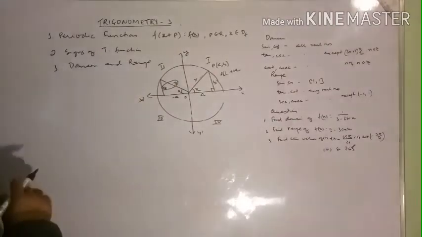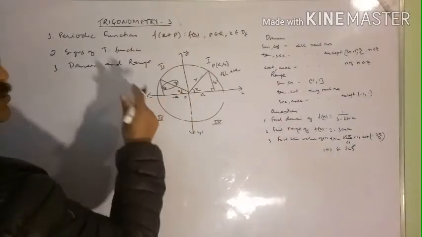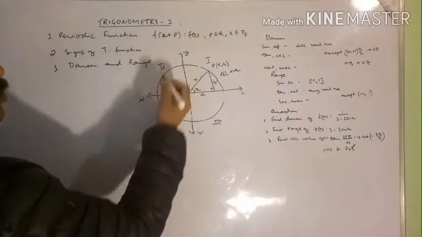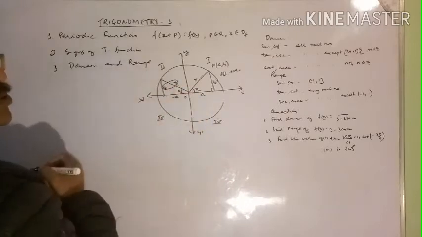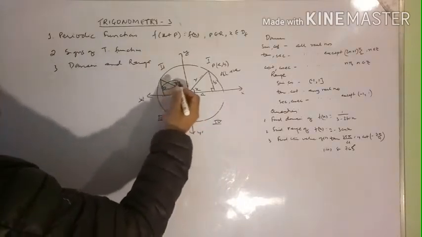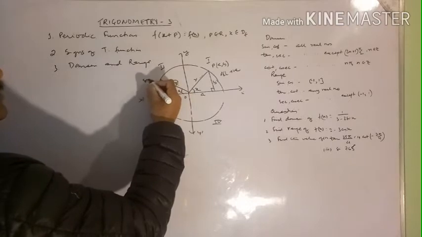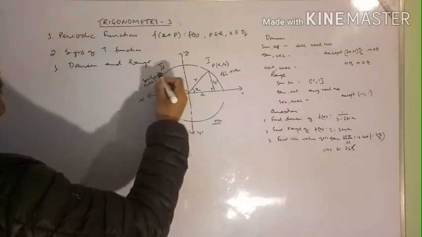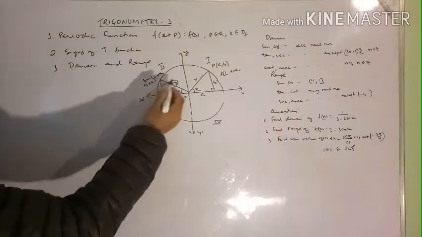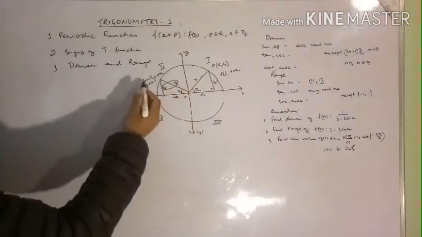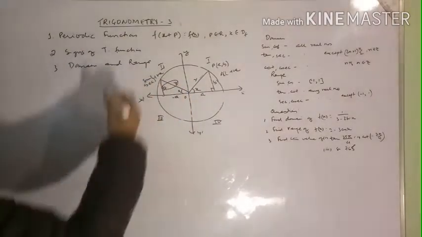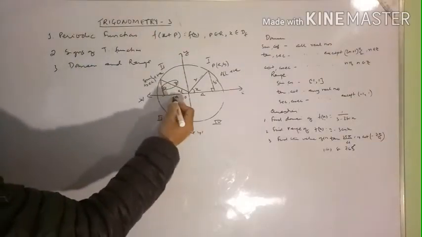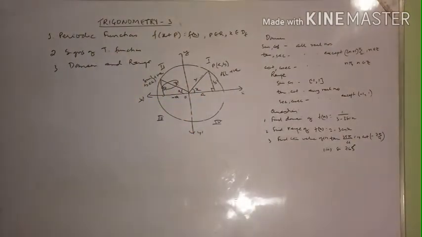So only two ratios will be positive, the ratios which involve perpendicular and hypotenuse. So these ratios are sine and its reciprocal cosec. These are positive because sine is p by h, and cosec is h by p. Both are positive. Rest of the ratios contain minus A, so they are all negative.